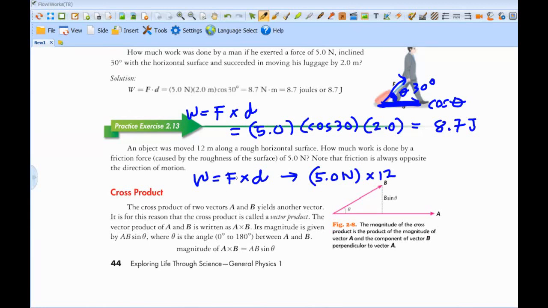Okay, so an object was moved, so work must have been done. It's just like when you are pushing something, for example, this mouse. Just look at it, I'm pushing the mouse over there, right? There are constant frictions that they use, like metal to metal, concrete to metal, wood to metal.